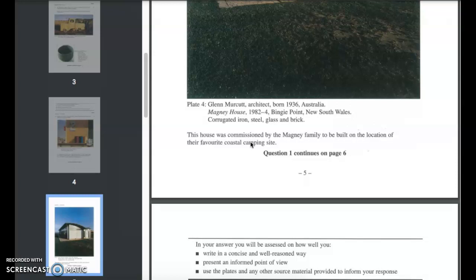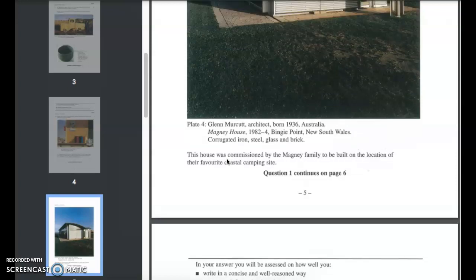That's how he makes his work, through architecture. We know where it is. It's in New South Wales. We know that it's made out of corrugated iron, steel, glass, and brick. So fairly simple materials, and that it is built on the site of their favourite coastal camping site. So it's significant to that artist. Why would he choose to build a house on that site? Because it has personal connections to him and his family.